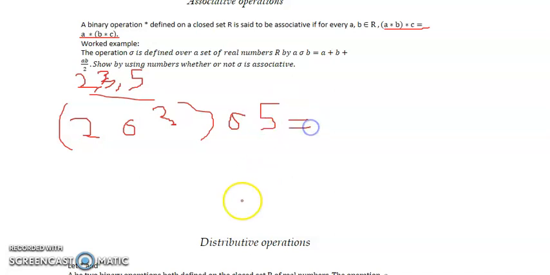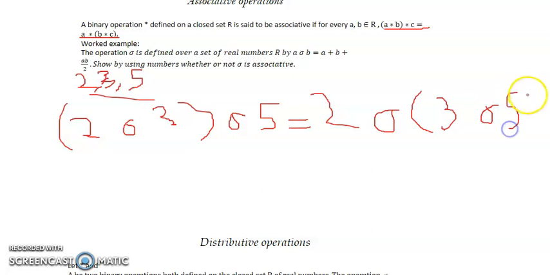Then from the rule, we say 2 sigma into brackets 3 sigma 5. Let's see whether the operation sigma is associative.